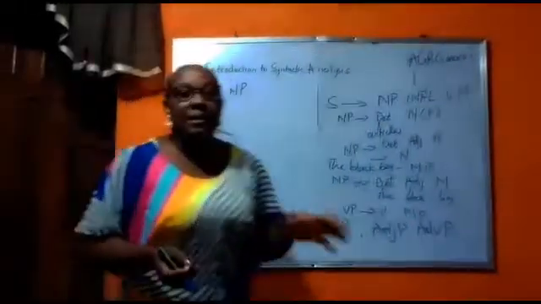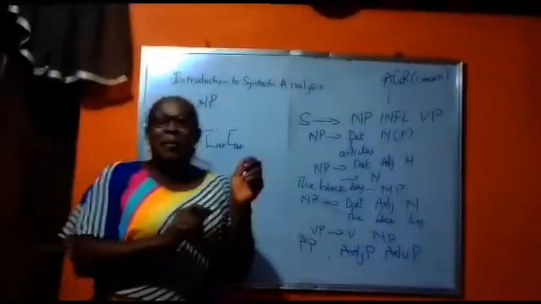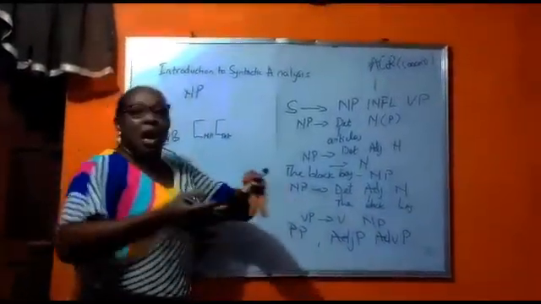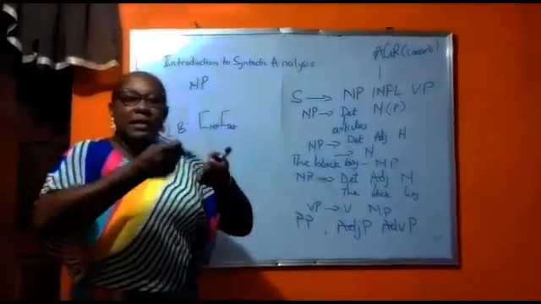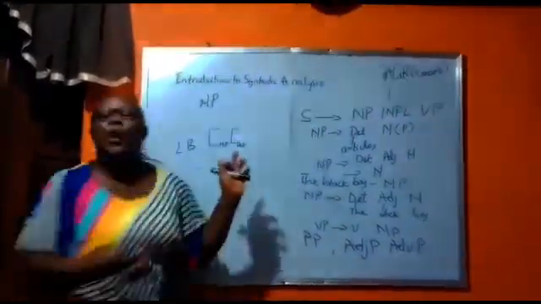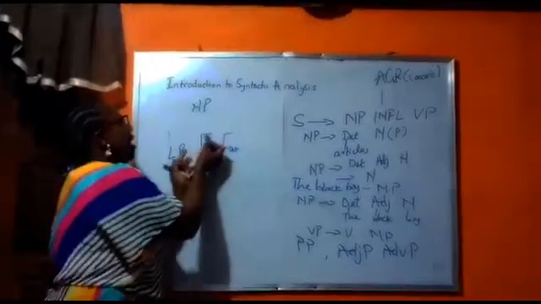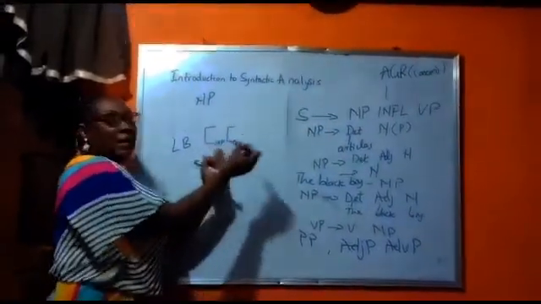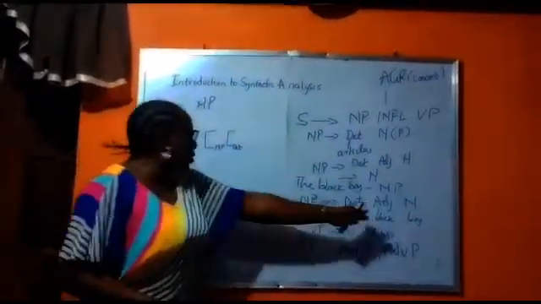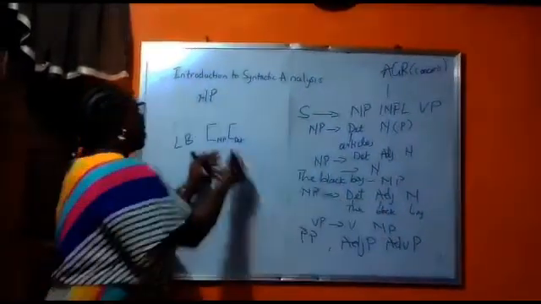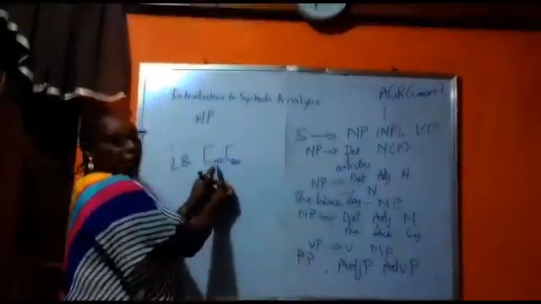The label bracket is such that constituents are enclosed in square brackets, like we have here. You enclose constituents in square brackets. So if you want to use the same that we have there, the blackboard, that's our NP.